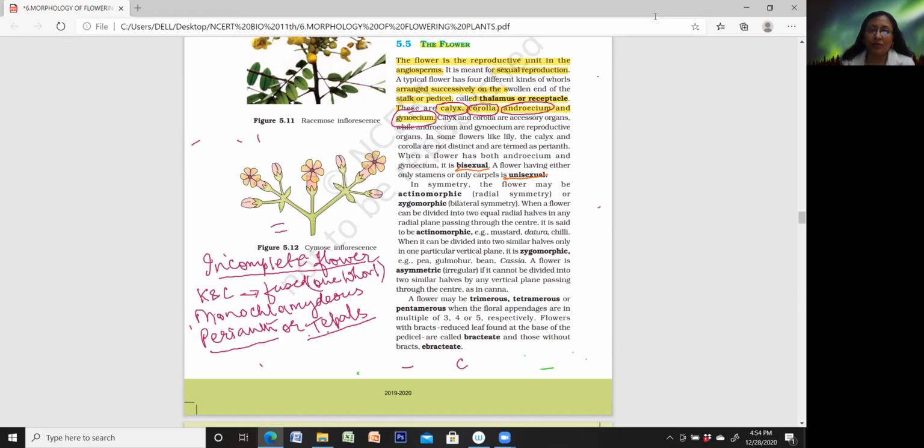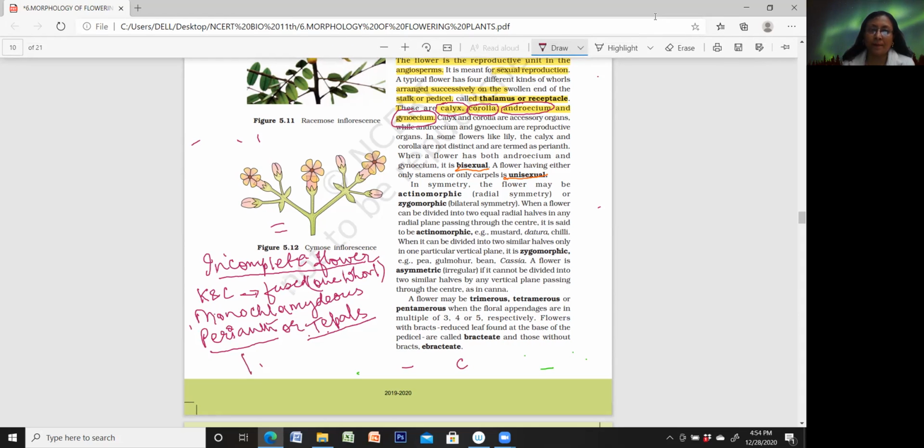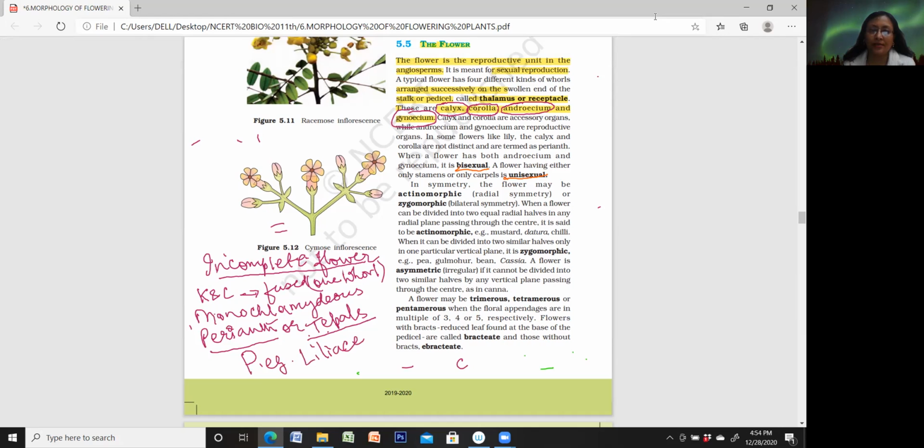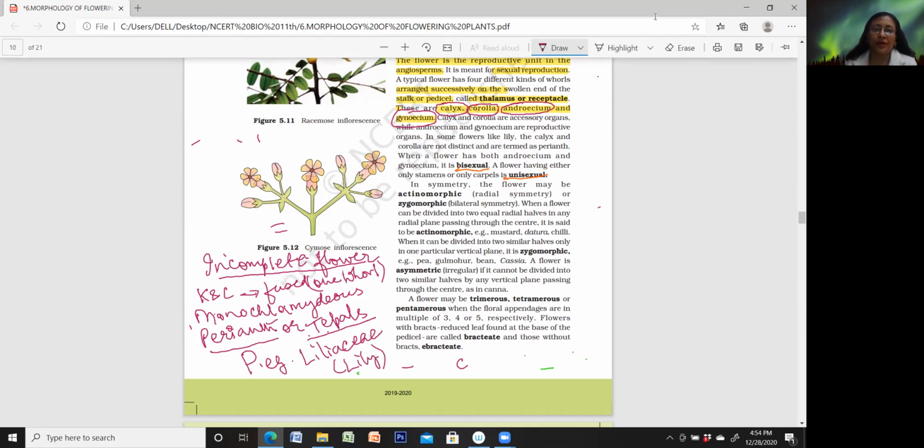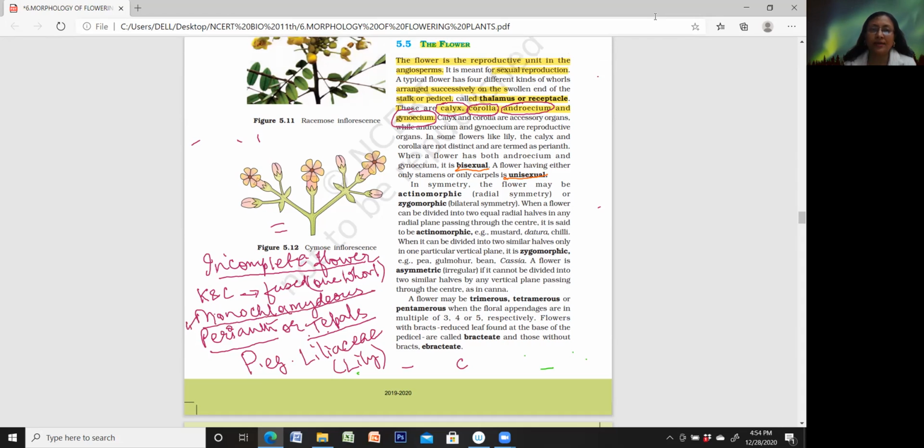The symbol is P. So the example would be lily or Liliaceae. It is a characteristic of the entire family. So lily is an incomplete flower because it is monochlamydeous. It's not dichlamydeous anymore because K and C have fused and formed only one whorl.